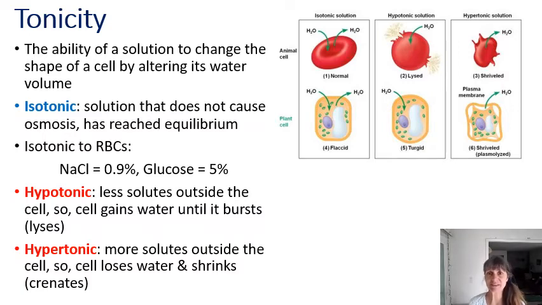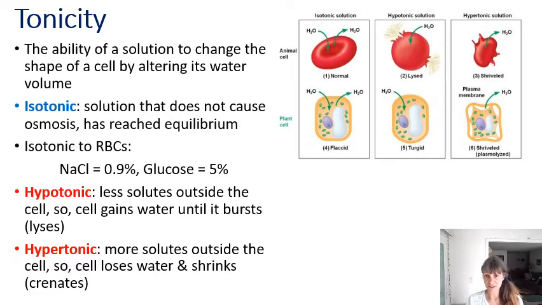Iso, that prefix means same. Tonic refers to tone. That means that the solute inside the cell is at equilibrium with the solute surrounding the cell. So there is no net movement in and out of the cell. Stuff does move in and out of the cell, but there's no net movement of water, and that allows the cell to retain its normal shape and function the way it's supposed to.